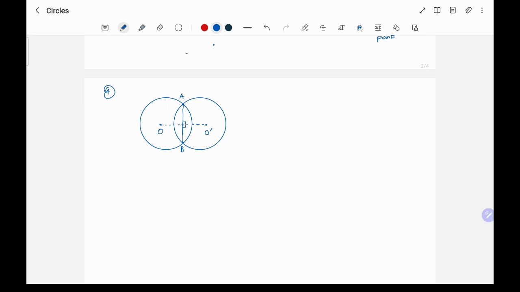So if 2 circles intersect in 2 points, then the line through the centers is the perpendicular bisector of the common chord.